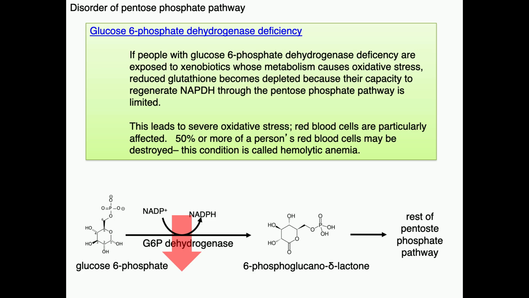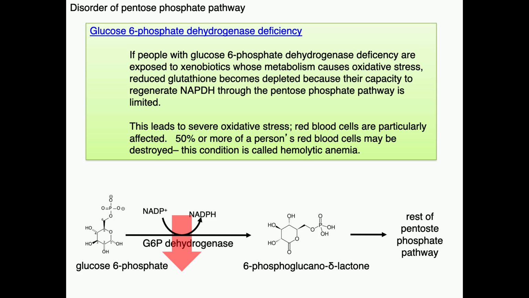Okay, so these conditions can be clinically silent, and a patient will grow normally and into adulthood. But then if they're exposed to, say, an antibiotic whose metabolism generates a lot of oxidative stress, then they don't have the capacity in their red blood cells to maintain that pool of reduced glutathione, and the oxidative stress kills the red blood cells and causes lipid peroxidation and causes the cells to burst open.